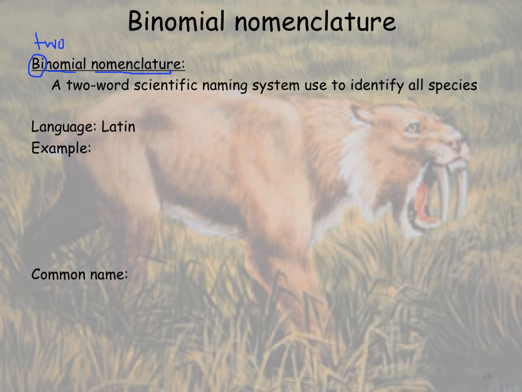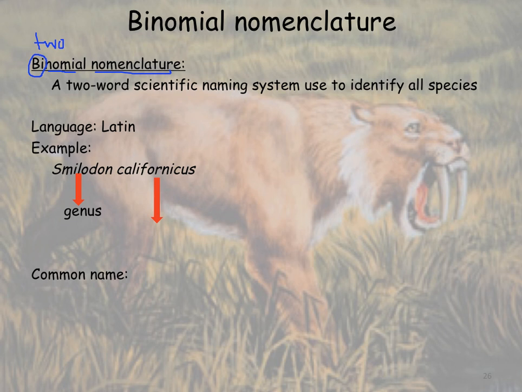So we've got an example here of a scientific name named with binomial nomenclature. Here, the word Smilodon californicus, which is the scientific name for the organism in the background of the slide. The two words that make up the name each have their own purpose. The first name indicates the genus to which the organism belongs, and the second name indicates the species.